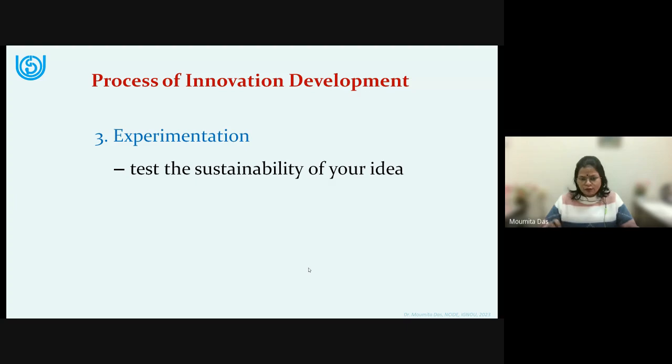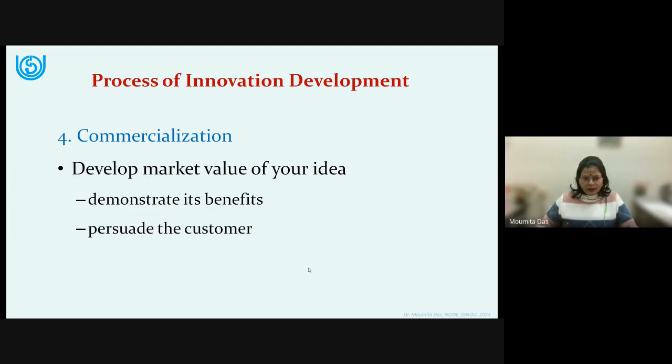It could be your drawing room, living room also, where you can set up something to experiment and find evidence, because essentially you will be doing science, and science is always knowledge that is based on evidence. So essentially you'll be creating evidence that your idea works. That is experimentation. The next one is commercialization.